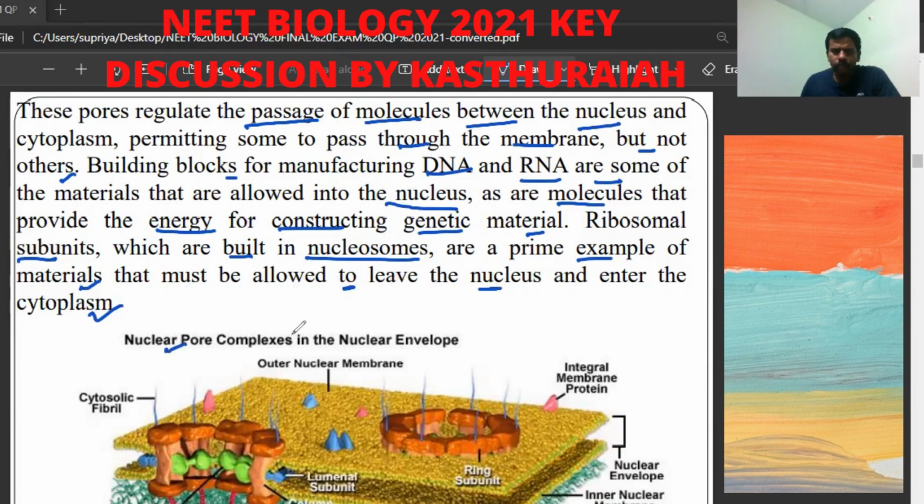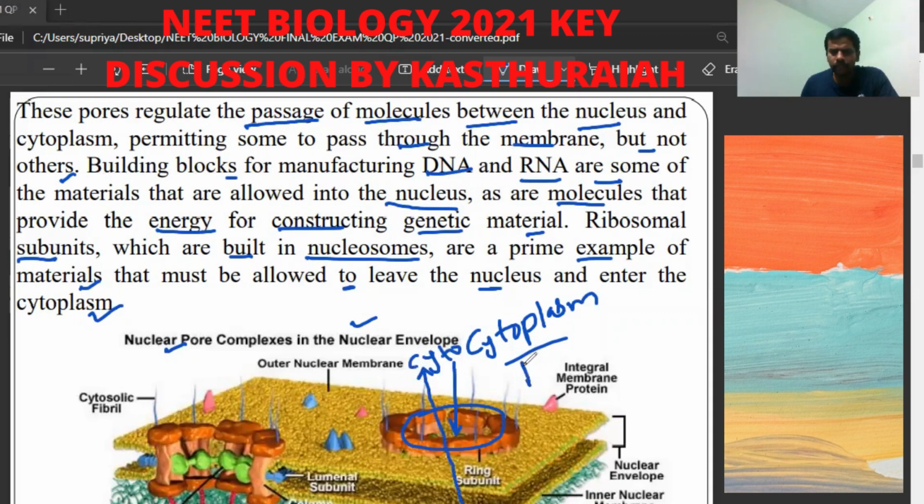See, nuclear pore complexes in the nuclear envelope. Now you can see this is the nuclear pore. So this nuclear pore will allow the molecules from the cytoplasm to the nucleus. In the same way, RNA molecules which are synthesized, like mRNA, which is synthesized inside the nucleus, can be transported into the cytoplasm.